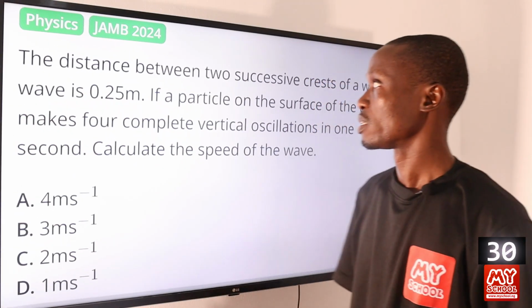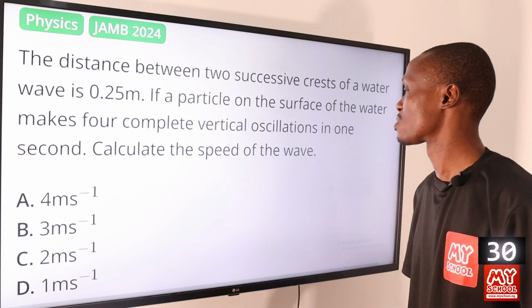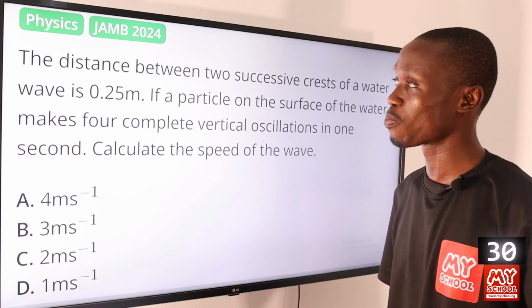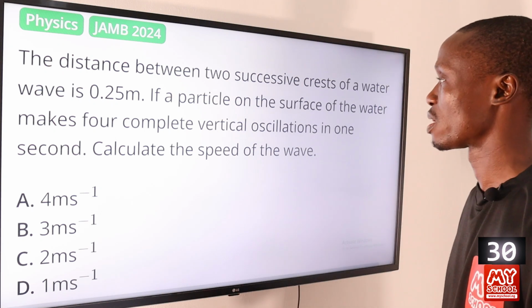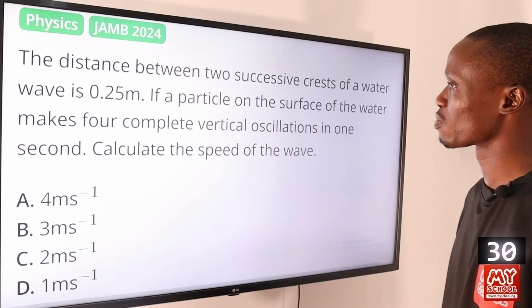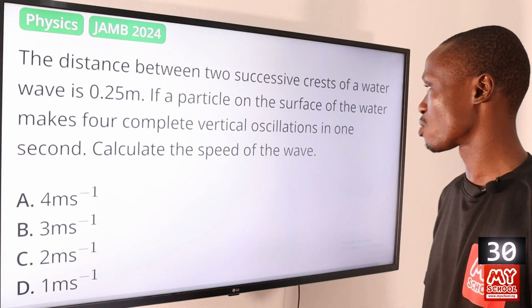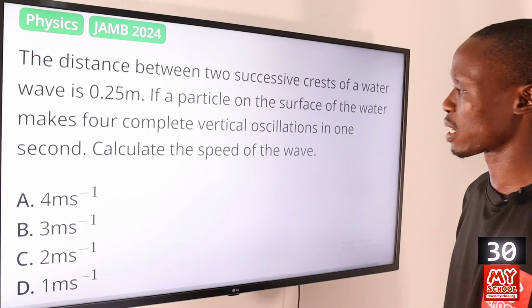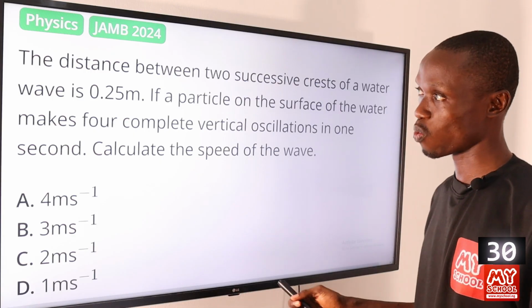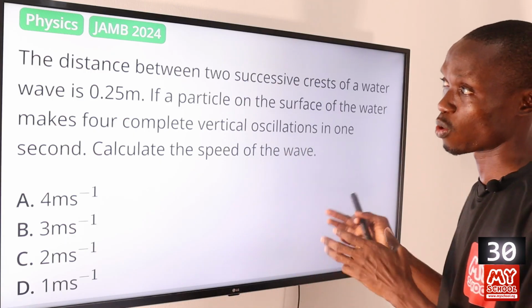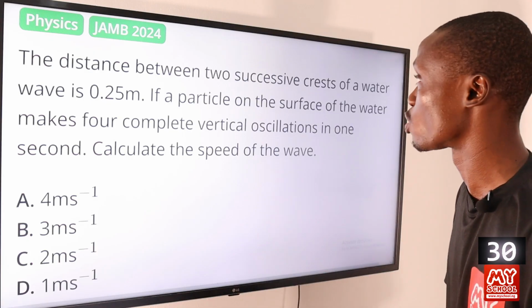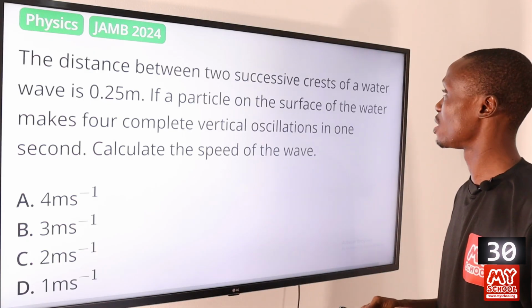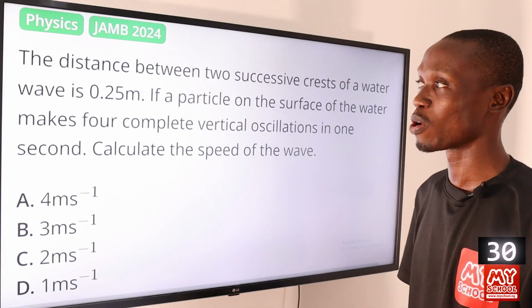Question 30. The distance between 2 successive crests of a water wave is 0.25 meters. If a particle on the surface of the water makes 4 complete vertical oscillations in 1 second, calculate the speed of the wave. So if you look at the question very well, we are told that the distance between 2 successive crests of a water wave is 0.25 meters.